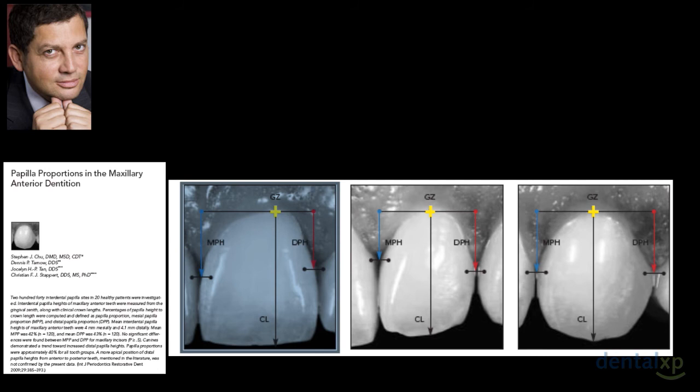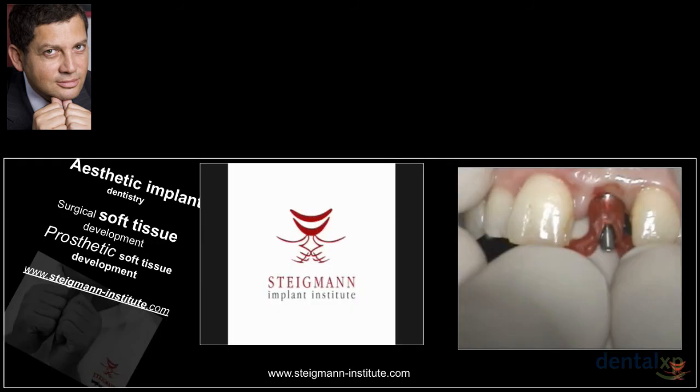So when we use in our patients these dimensions described by Chu and co-authors, we will place the contact point at a maximum height of 40% of the crown height. So usually we do that with a lower percentage.